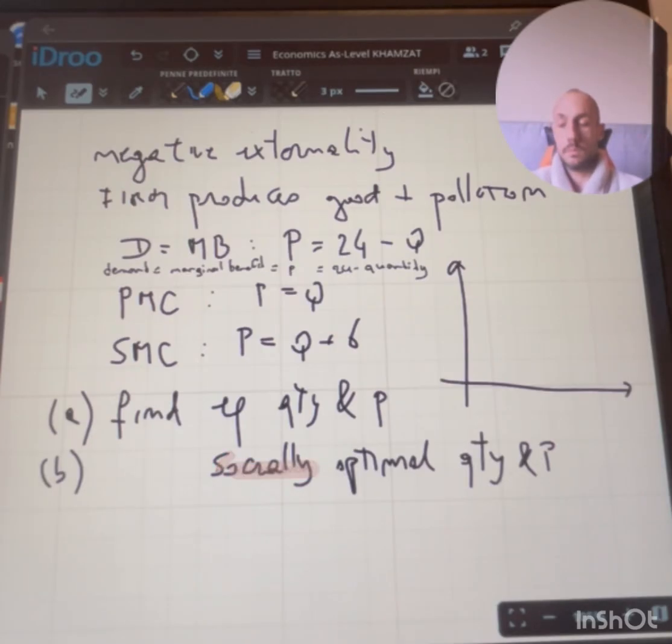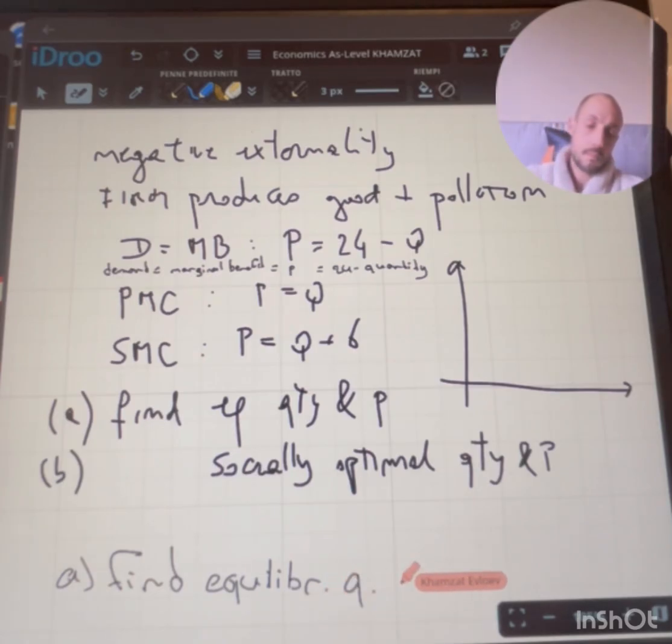The first task is what? Find the equilibrium quantity and price. So let me just write that down. What are we given here? PMC is the private marginal cost.